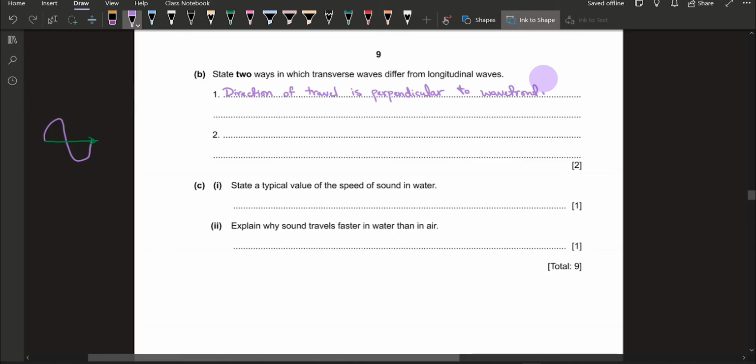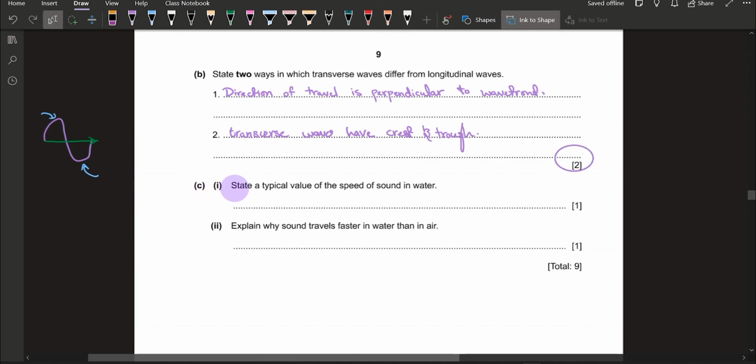And as we can see in the diagram, this has crest and trough as well. So we can write here that transverse waves have crest and trough. And we'll get 2 marks for this.